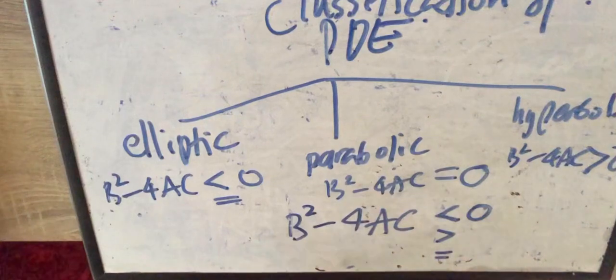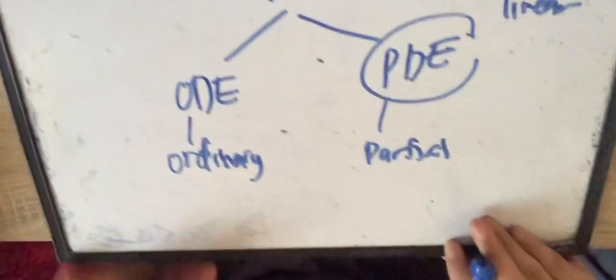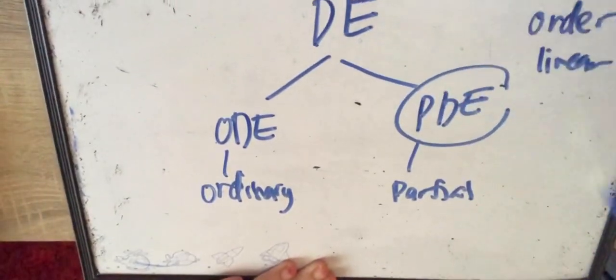Now the question is where we get a, b and c, where the values come from.